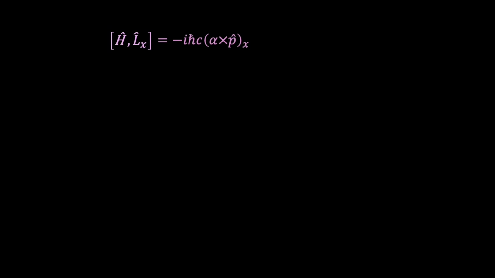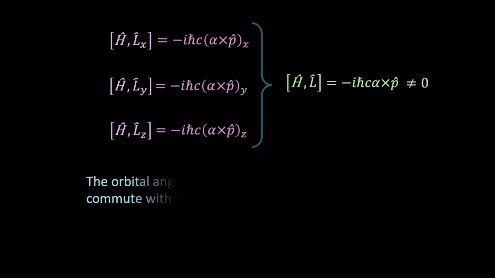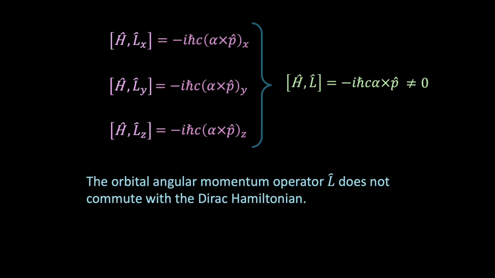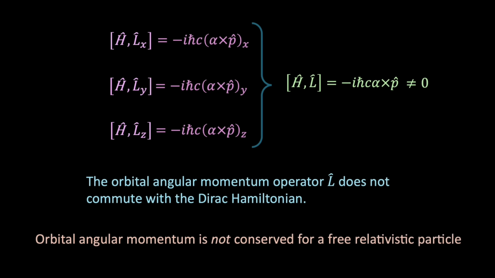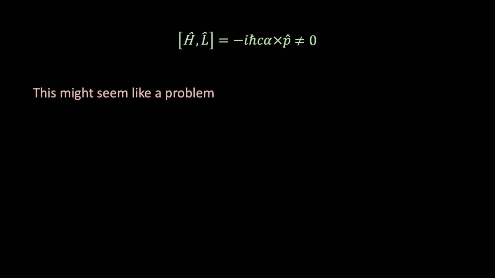We can find similar results for the y and z components, and if we then combine these results into a single expression, we can clearly see that the orbital angular momentum operator L does not commute with the Dirac Hamiltonian. In other words, orbital angular momentum is not conserved for a free relativistic particle. Now, this might seem like a problem, but it's really a clue.